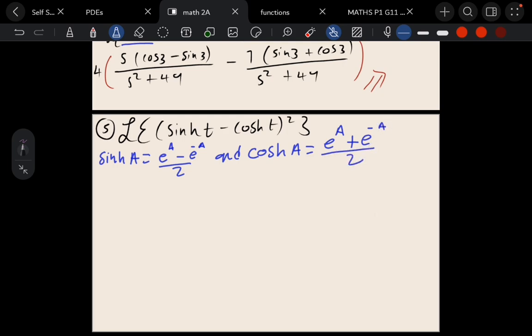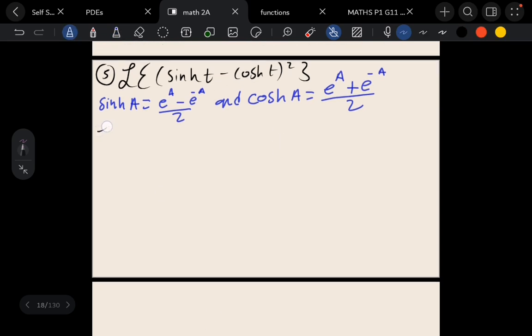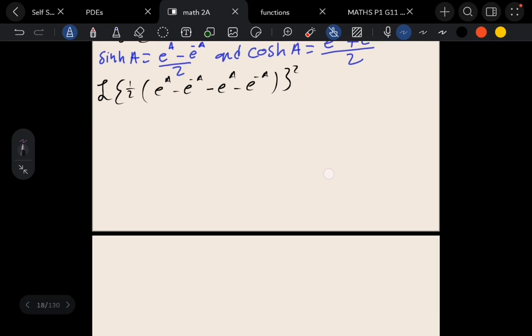So if you add them together by finding the Laplace transform, I'm going to have 1 over 2 times (e^a minus e^(-a) minus e^a minus e^(-a)), all of this squared. There is a square that I missed there.